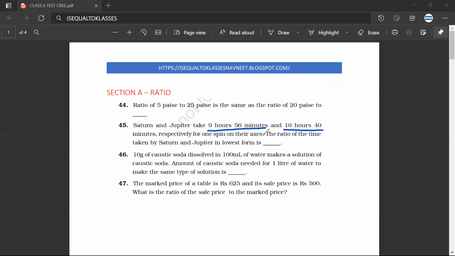So Saturn's time is 9 hours and 56 minutes, and Jupiter's time is 10 hours and 40 minutes. So we'll convert both of these into minutes. So 596 is to 640. Then we have to do the cutting method, and then we'll have 149 is to 160.